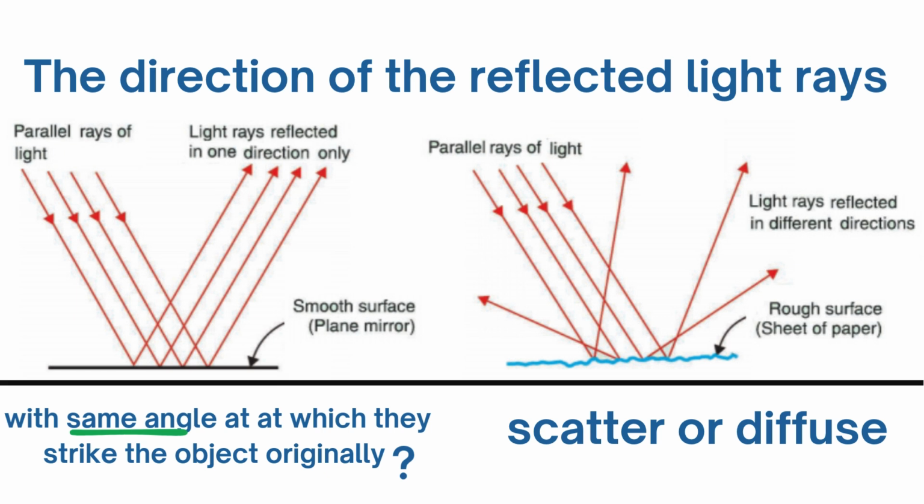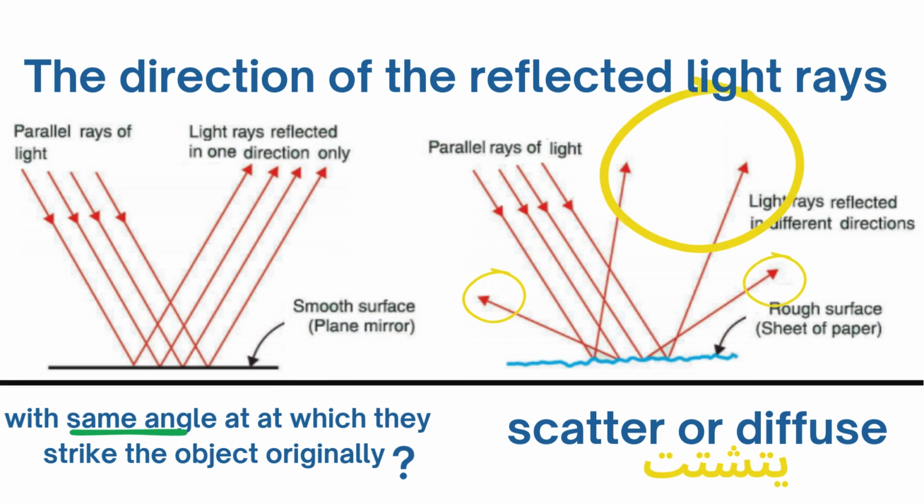So here, the important information is that the light rays are reflected in one direction from the smooth materials. But in rough materials, the rays are reflected in different directions. They scatter or diffuse. Okay, scatter or diffuse means that the light rays are reflected in different directions.